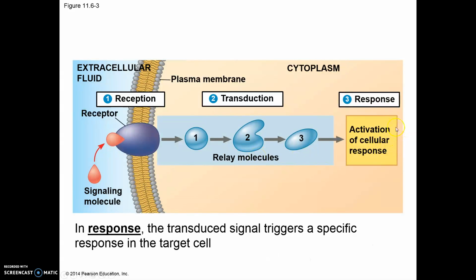Ultimately, that's going to lead to some type of cellular response. Sometimes that is an activation of a new set of genes. Other times it is the activation of particular proteins that are then going to do some type of work. Okay, so we have a whole slew of different responses.